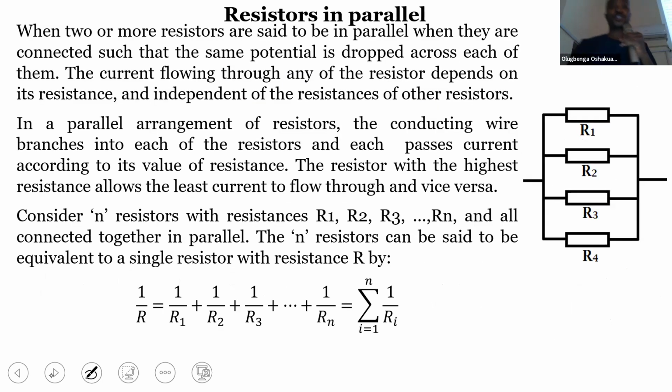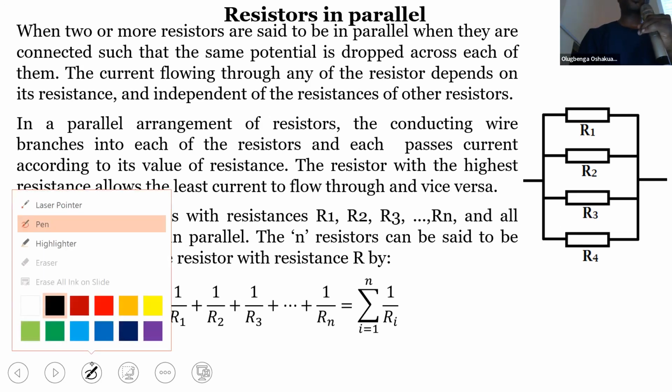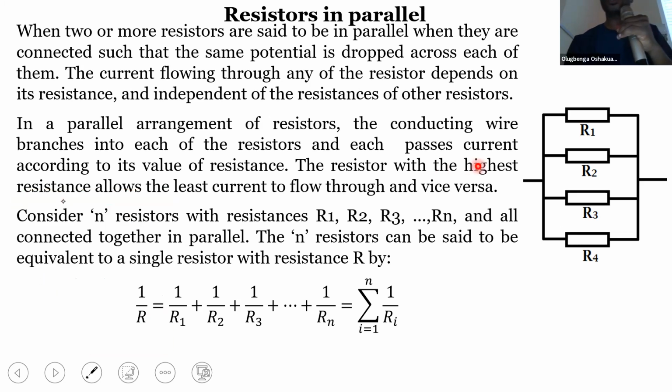So I will talk about resistors in parallel, looking at the R1, R2, R3, and R4 we have at the moment. What it tells us is that current is free to come into this from the left.